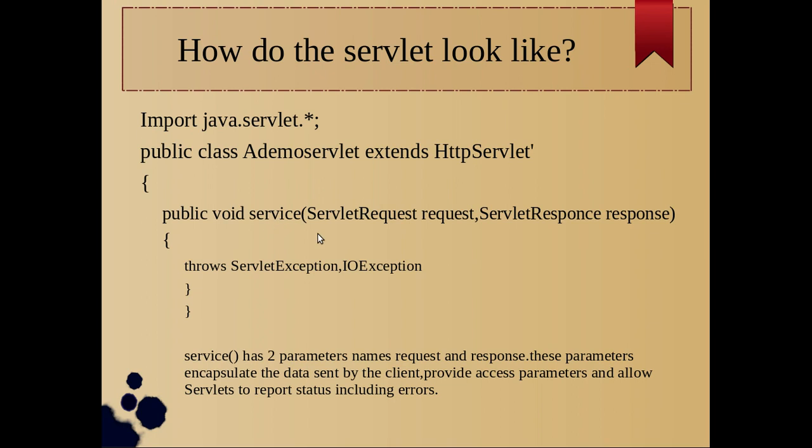There is a method called the service method which has two parameters, ServletRequest and ServletResponse, and it throws ServletException and IOException. Then in this service method we can write whatever logic we want. For addition of two numbers, we can add two numbers over here in this service method.